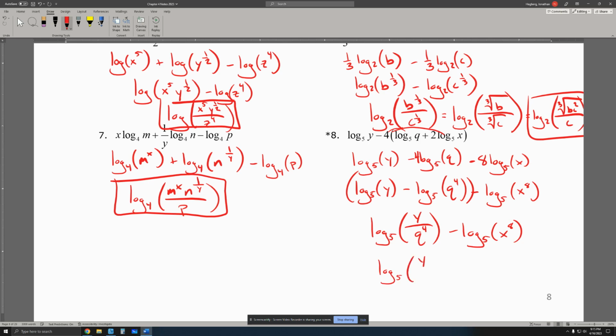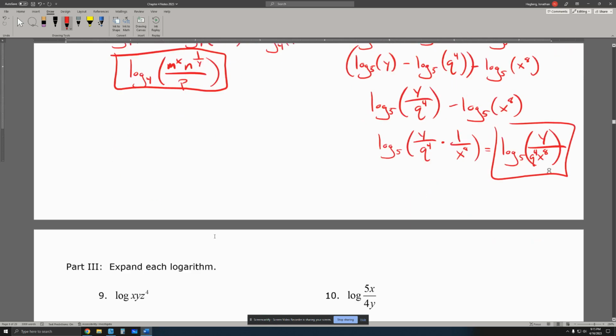So this is equal to y over q to the 4th times the reciprocal of x to the 8th, or 1 over x to the 8th. So this is equal to log base 5 of y over q to the 4th x to the 8th. There we go. All right, that's our answer.